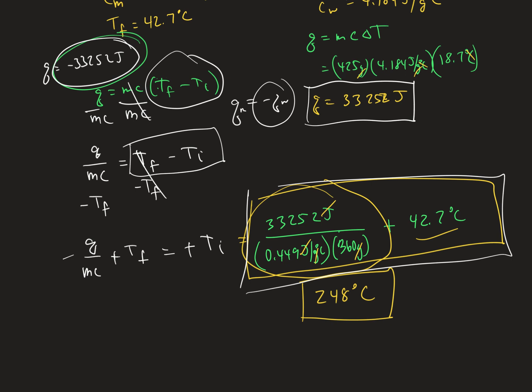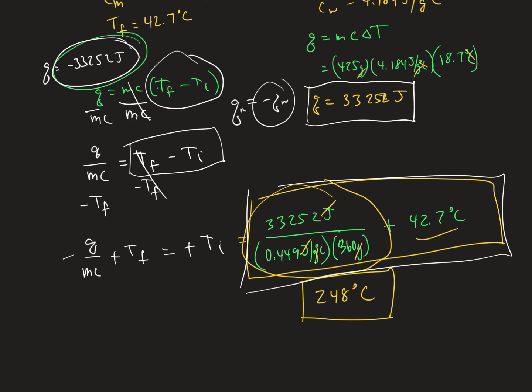All right. Now we have the same type of problem. Actually, the next two are going to be even easier than that. It's just using Q equals MC delta T. Okay. So we got hand warmer and cold pack. Which one do you want to do? Or do you want to do either?